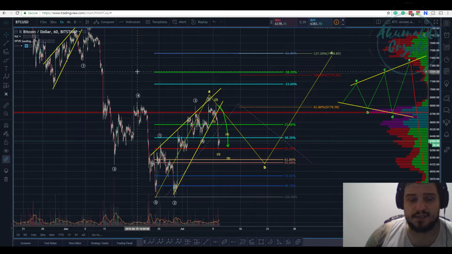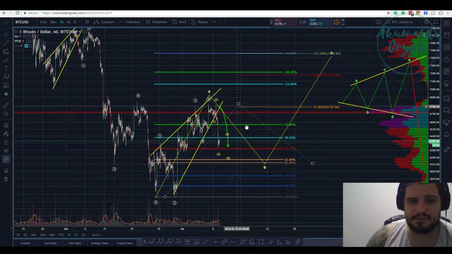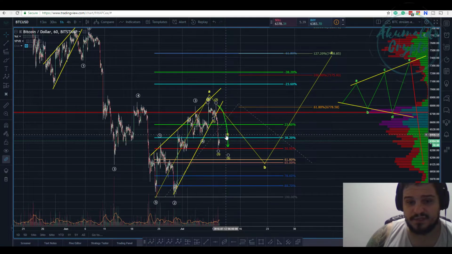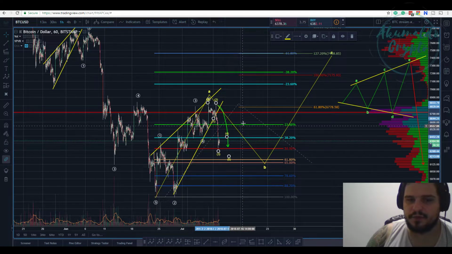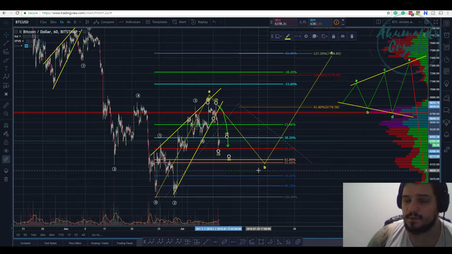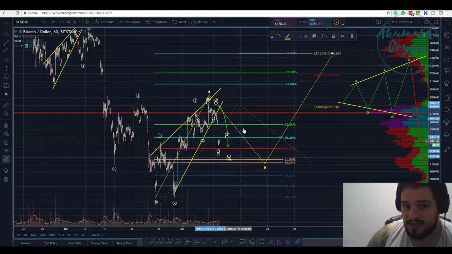And so we need to wait to see after we put this last wave here. Okay, we need to pay attention if we're going to retrace 50% of this wave here, and then we're gonna have one more leg down. Okay, we could have a double bottom here.